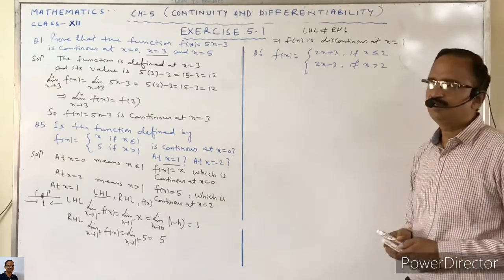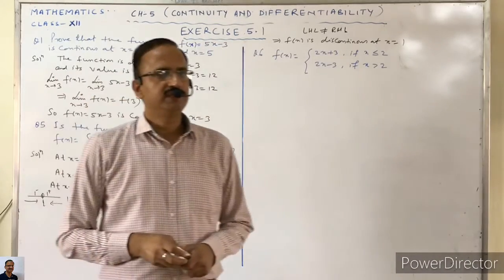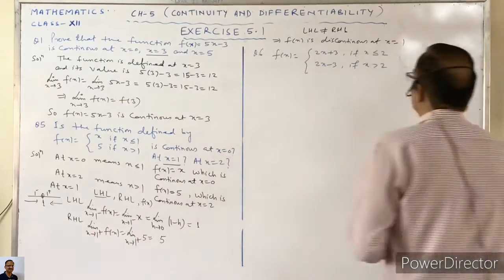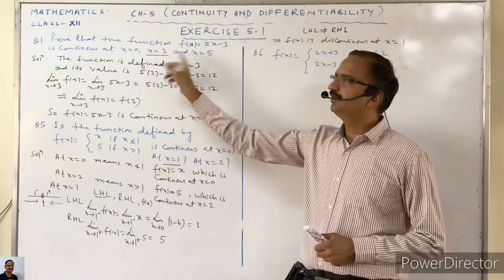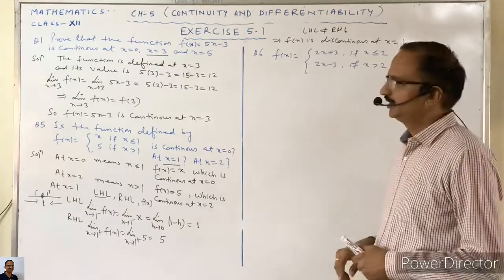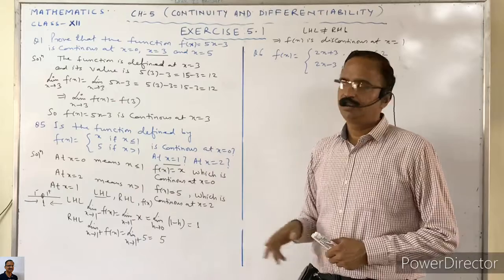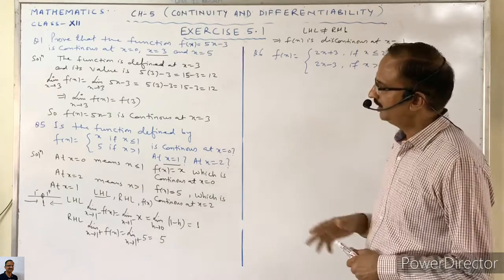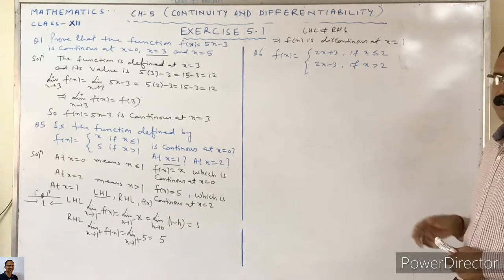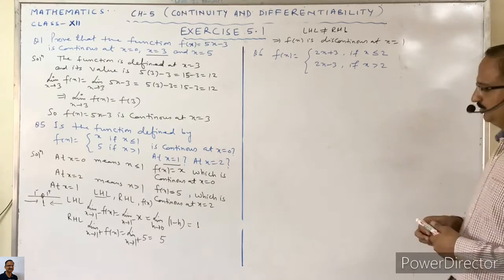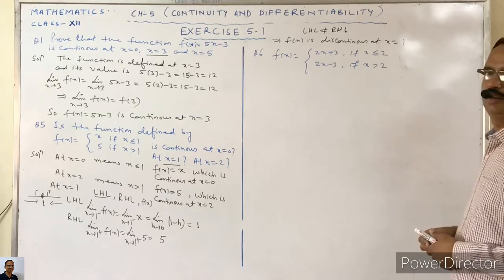For this function, we have to find the points of discontinuity. In these questions, we are given the points at which we have to check the continuity. But in this question, no point is given. So, we will look at this condition.